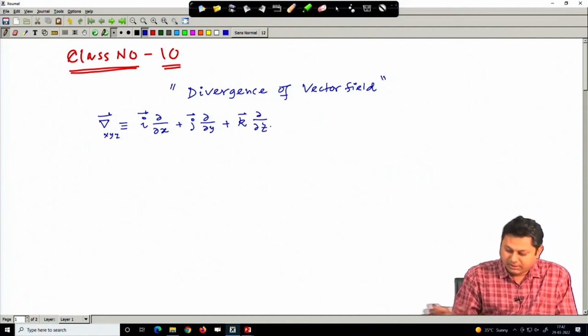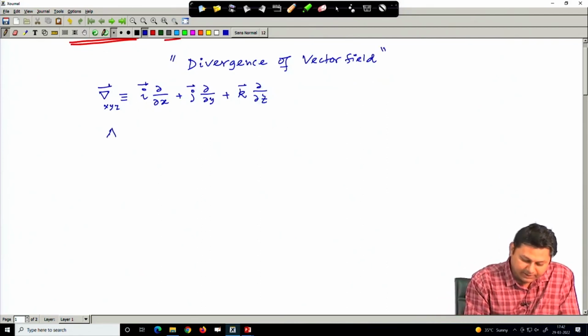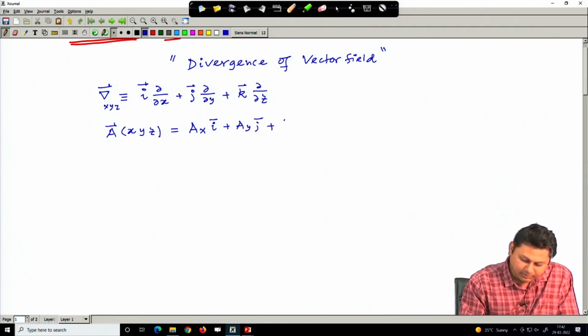And if it operates over a vector field, suppose I have a vector field A, a function of x, y, z. In component-wise form I can write it as Ax i plus Ay j plus Az k.